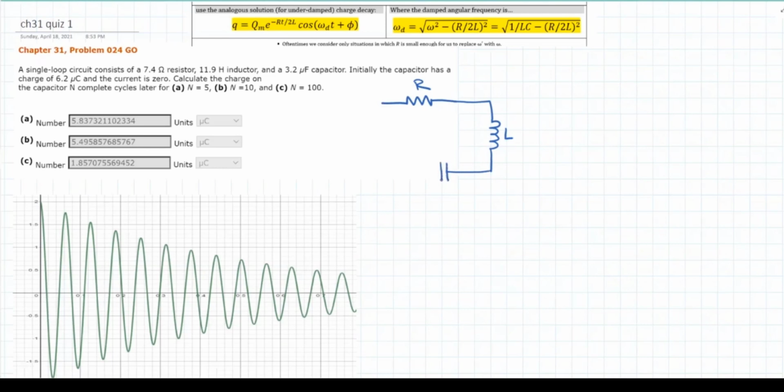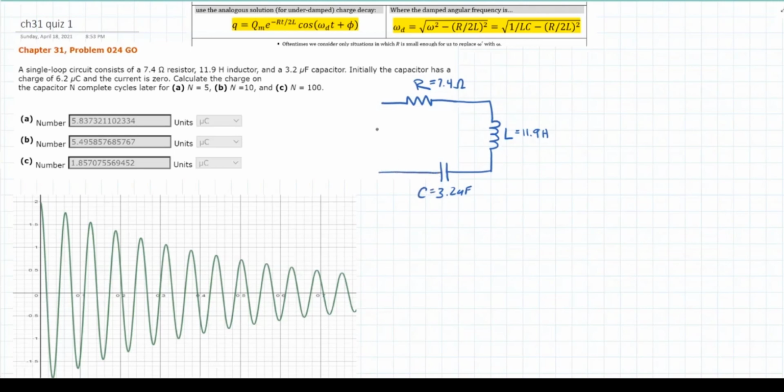So it turns out this combination occurs very frequently. This basically says a single loop circuit consists of a 7.4 ohm resistor, an 11.9 Henry inductor, and a 3.2 microfarad capacitor.